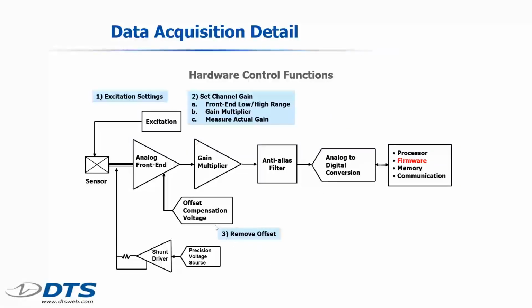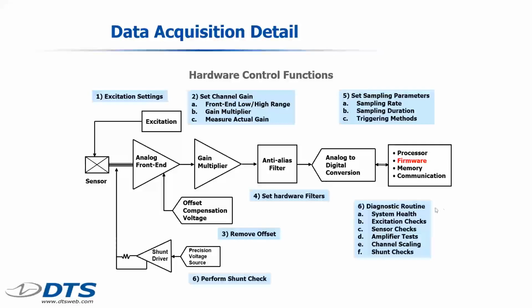Sensors aren't perfect, so we have an offset compensation circuit to make the output of the analog front end 0 when the physical stimulus is 0. We need to set the hardware filters. We need to set sampling parameters like sampling rate, sampling duration, and the triggering methods, which also includes time alignment.